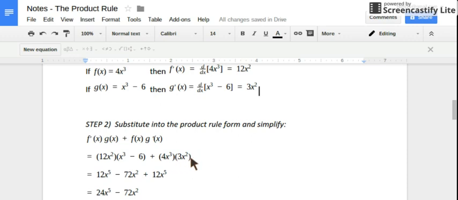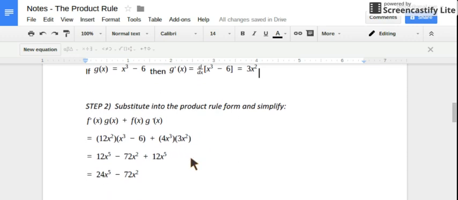Then we can put it together, simplify, combine any like terms. 12x squared times x cubed is 12x to the fifth. And distribute the 12x squared to the negative 6, we get negative 72x squared. Plus the product of these two, 4x cubed times 3x squared is 12x to the fifth.